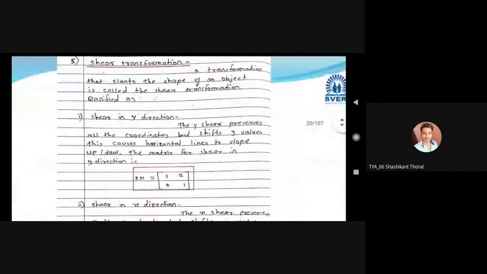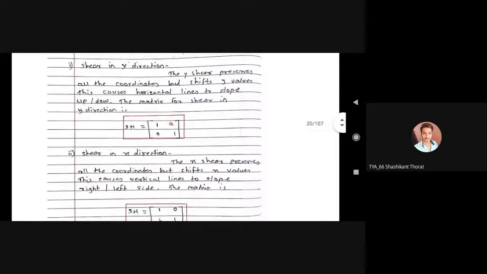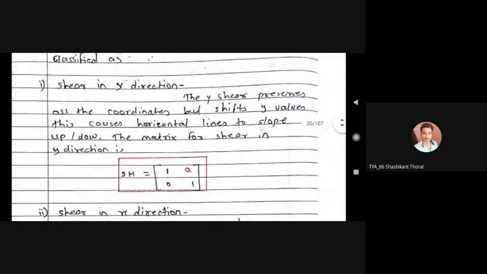Okay, so what is the formula we will see in the problem. Shear transformation. What is the formula? They will give whatever the distance. Suppose they give shear in y direction, for example something like 10 unit or 10 centimeter in y direction. So whatever the value of A is nothing but 10 centimeter.